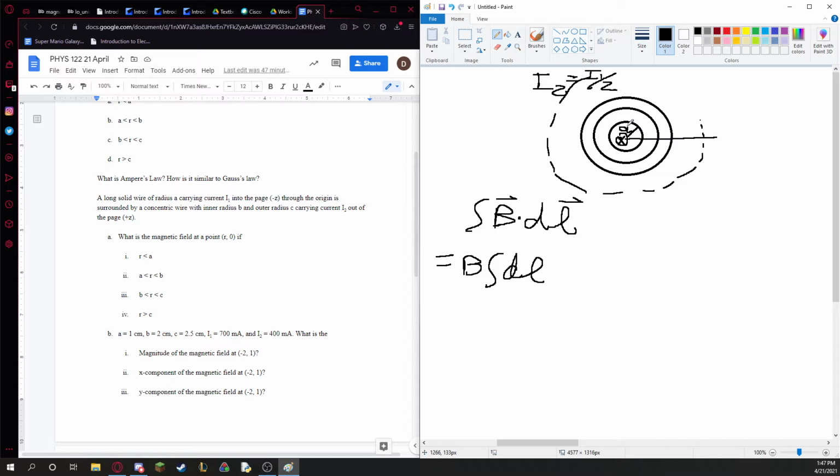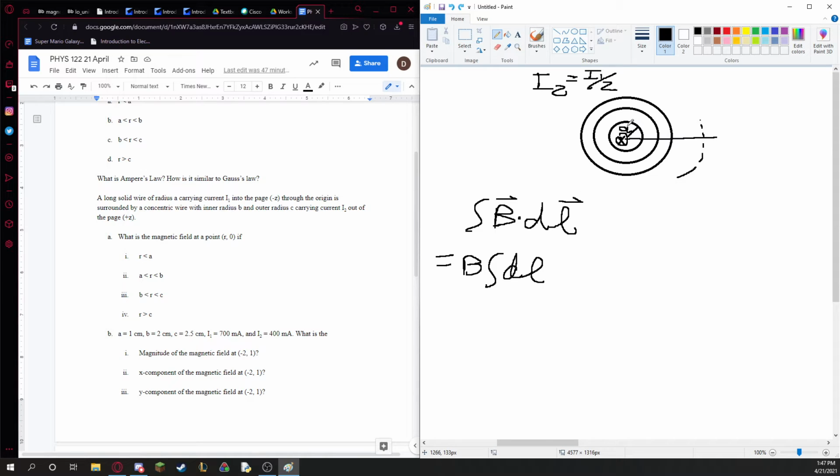What we end up finding is that the magnetic field is always parallel or anti-parallel to this line integral. So cosine of theta, theta is either 0 or 180, so the cosine just becomes plus or minus, depending on what direction it's in.